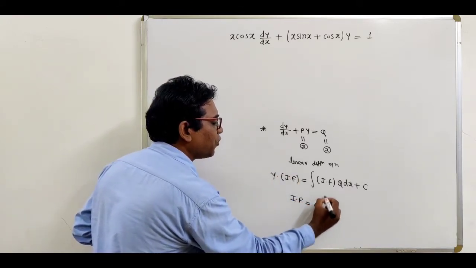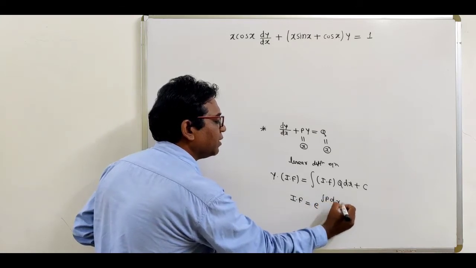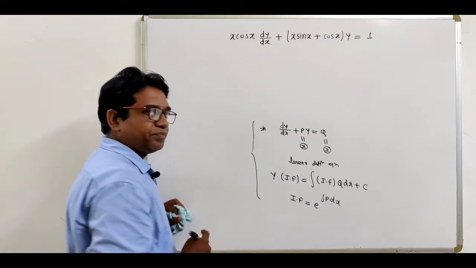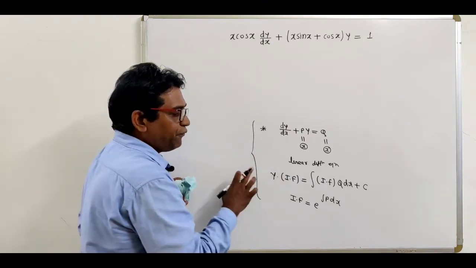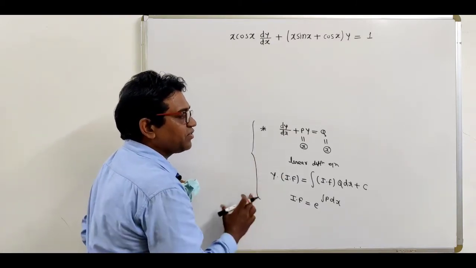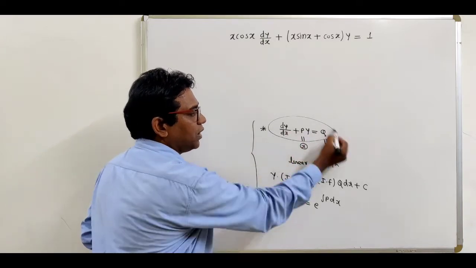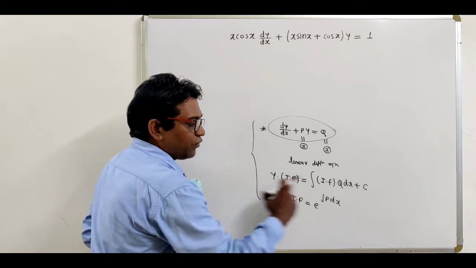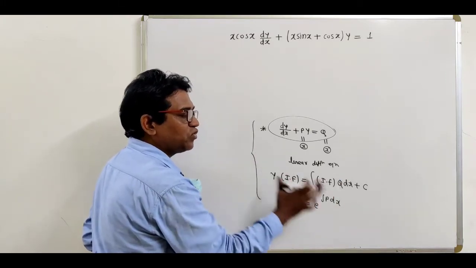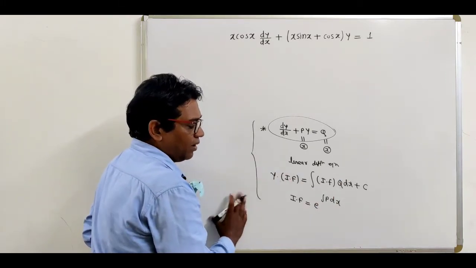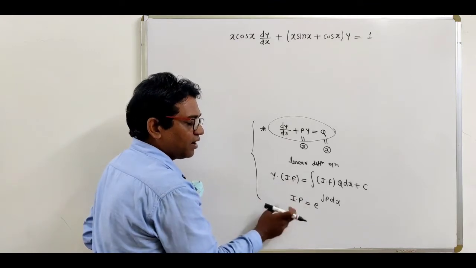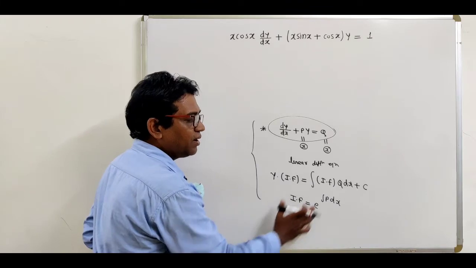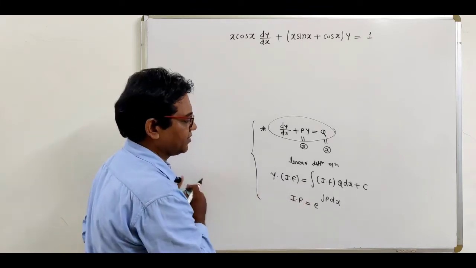This is given by the formula e raised to integral p dx. So first of all, remember this concept. If it is a linear differential equation, then this is the formula for finding the solution, where the integrating factor is given by e raised to integral p dx.